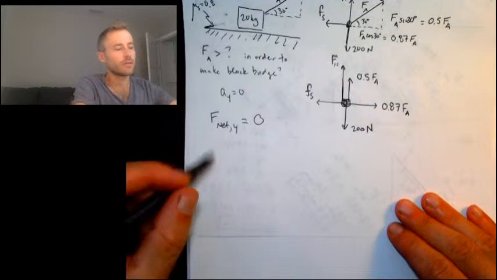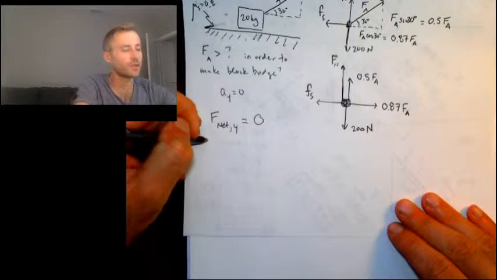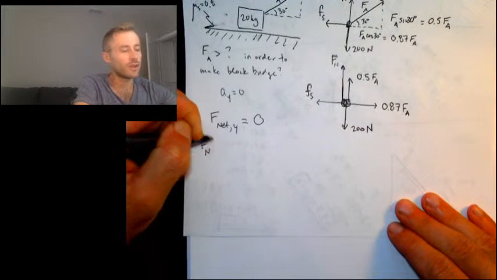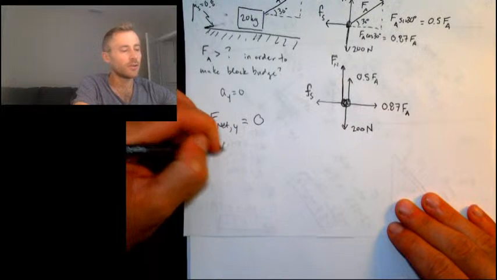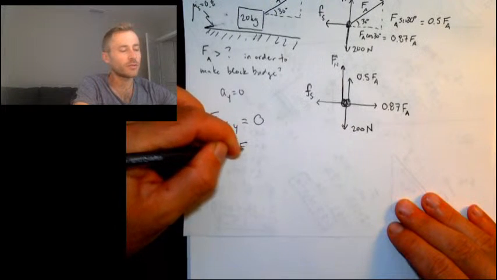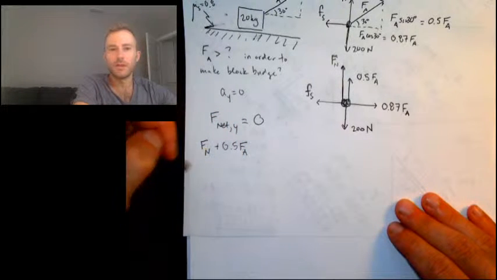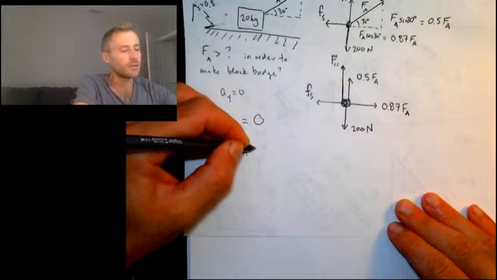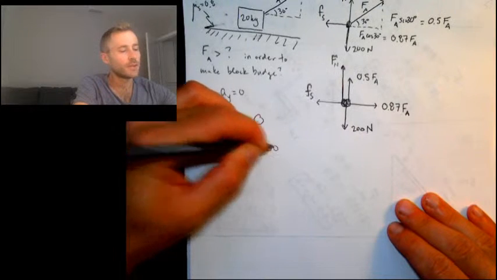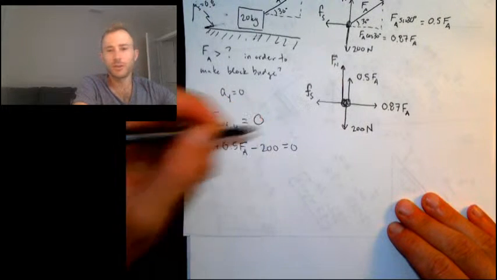Yes. Okay, very good. So the up forces are the normal force and the 0.5 applied force. The downward force is 200. And so that equals 0.